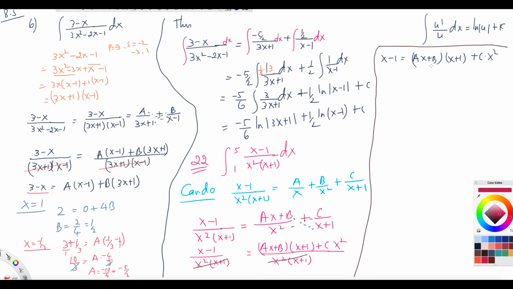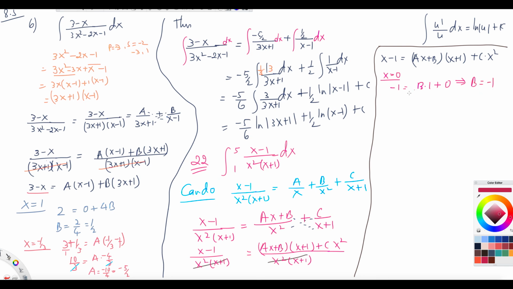So let me pick x equals 0. If I set x equals 0, what do I get? I get negative 1 equals a times 0, so b times (0 + 1), which is 1, so just b plus 0. This implies b equals negative 1. So we found the value of b already.